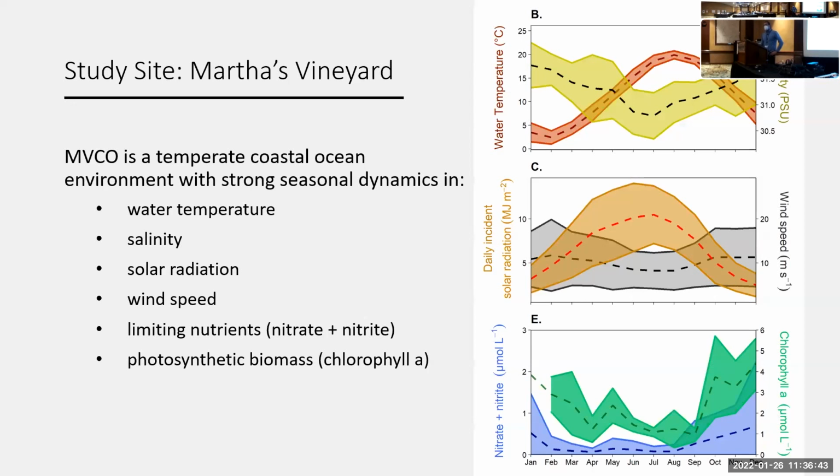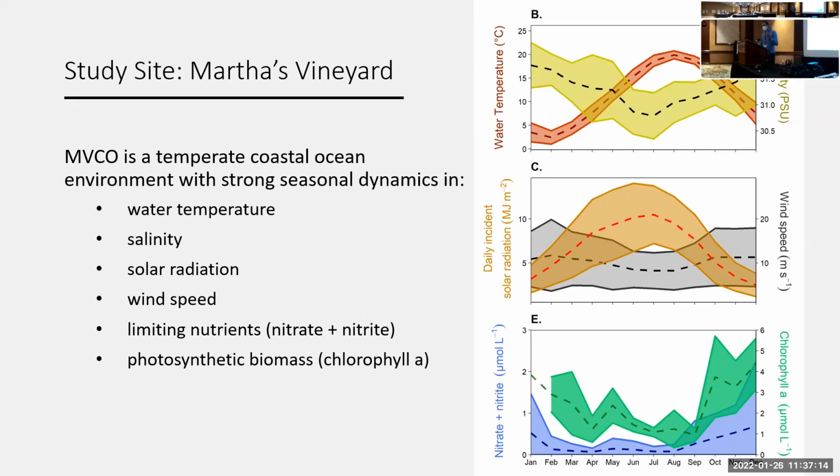Martha's Vineyard Coastal Observatory, or MVCO, is a very temperate coastal location with high seasonality. Here I show a seasonal climatology of the various parameters of interest I used in this analysis. These plots show the average value of each month of the year, with the shaded areas indicating standard deviation. Generally, in the winter months, the water temperature is much cooler, the salinity is higher, and wind speed is greater, all factors which I imagine would help increase the amount of nutrients in the study area.